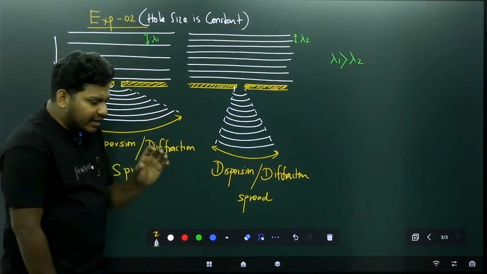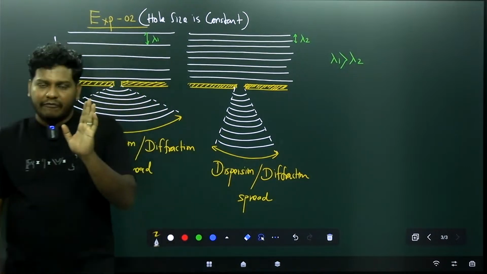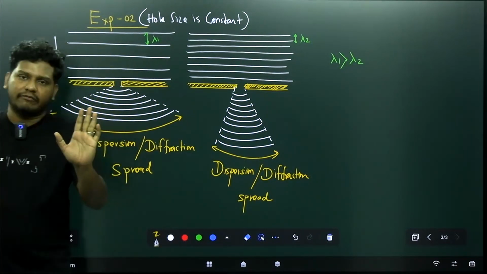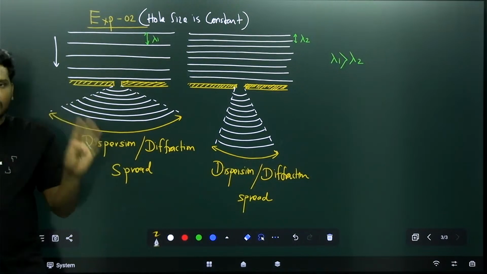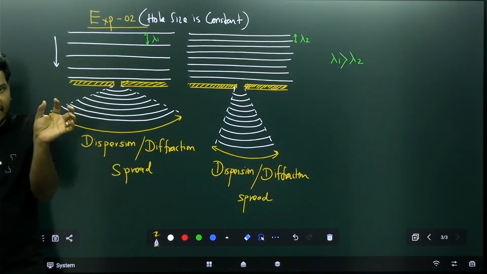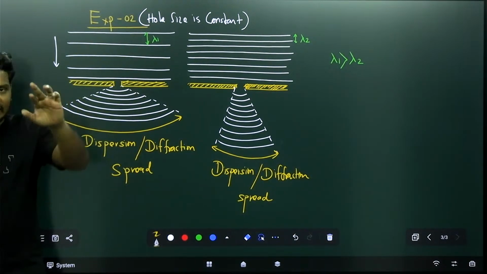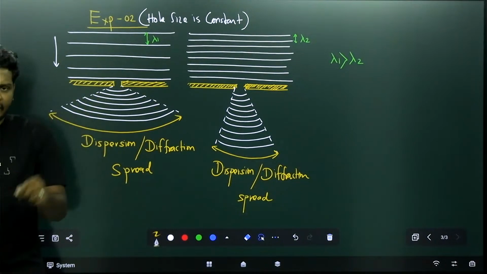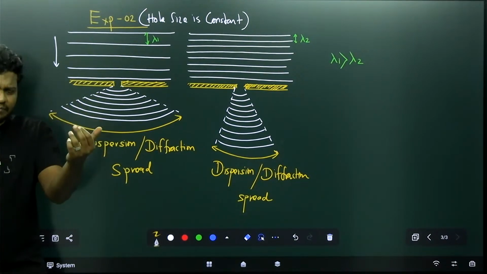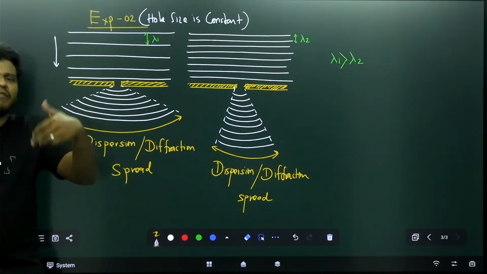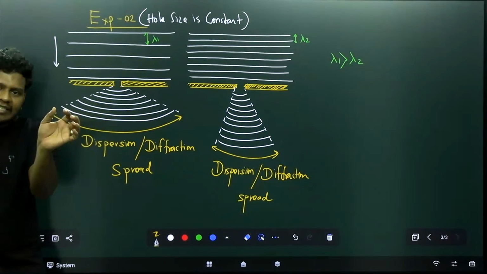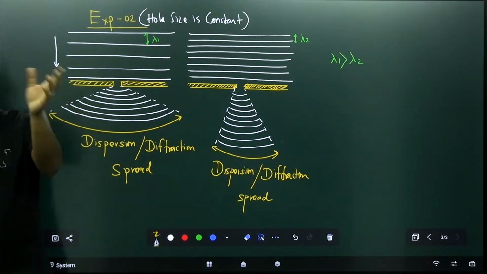So in experiment number 1, when the wavefronts are constant and the hole size decreases, the dispersion increases. When the hole size is small, dispersion will increase. When the hole size is big, dispersion will reduce.